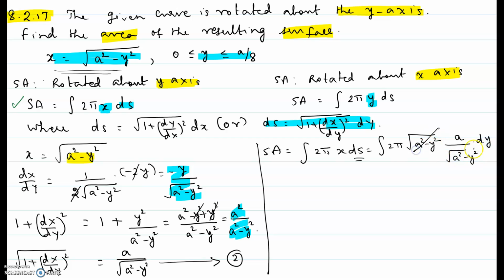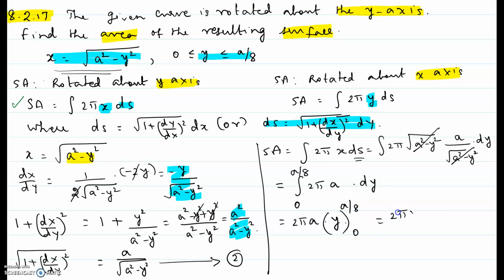So the square root of a squared minus y squared part gets cancelled out. So you get the integral of 2 pi a dy, and the variation for y is between 0 and a over 8. 2 pi a is after all a constant that can be taken out, and then you have y between 0 and a over 8.